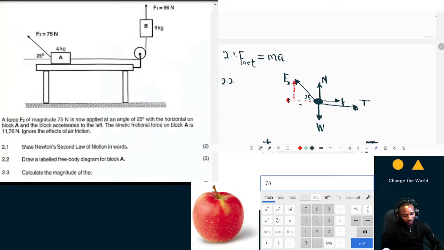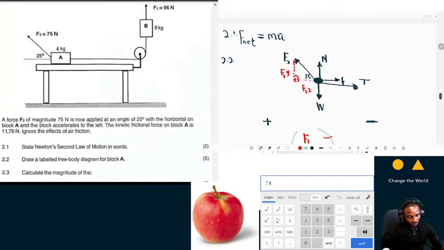Here I have F2x, and here I have F2y. I want this x component, which is adjacent to this angle. F2 I know, and it is the hypotenuse. So I can take the cosine of theta.